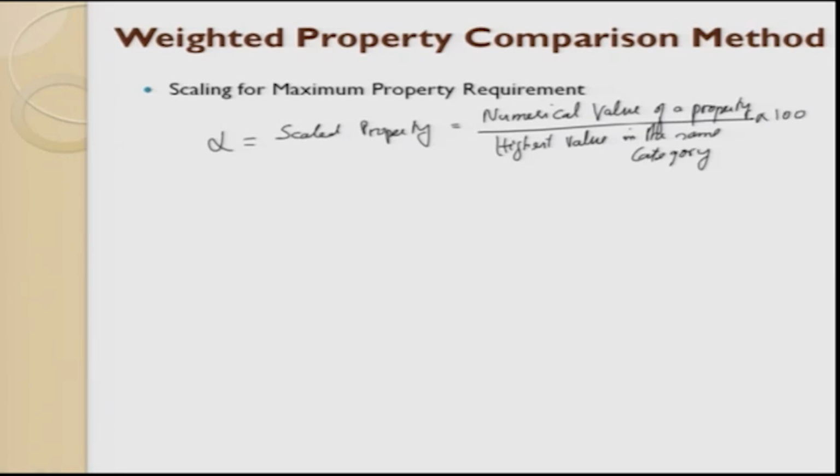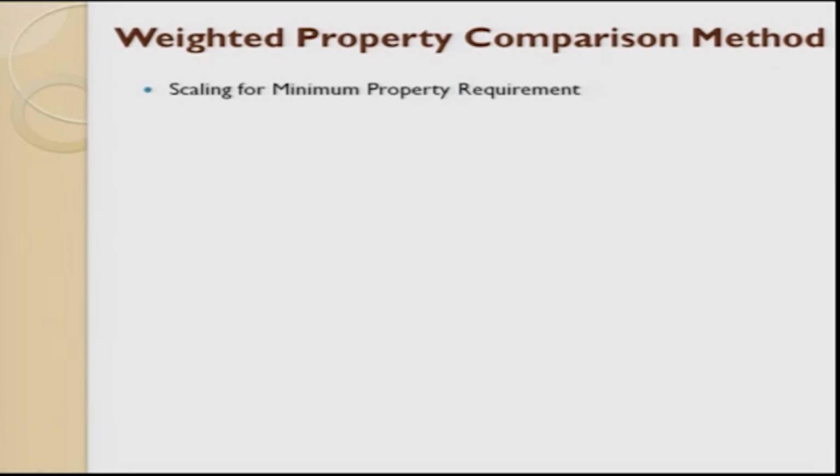multiplied by 100. So you take a value from 0 to 100. By this we get the scaling for maximum property. In the same way you can also do the minimum property.